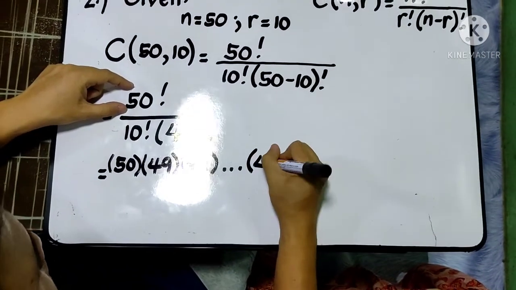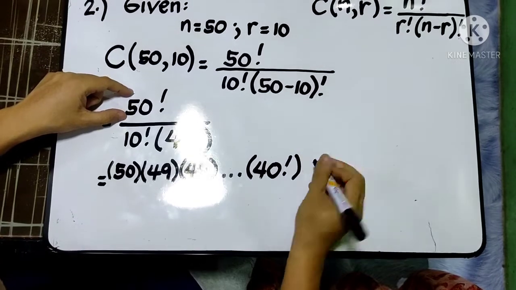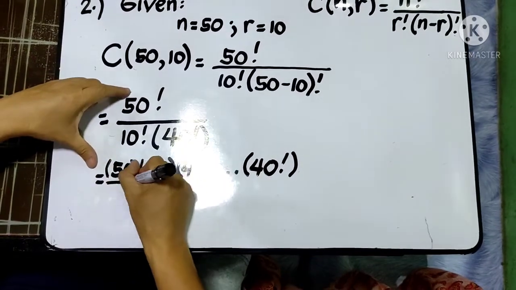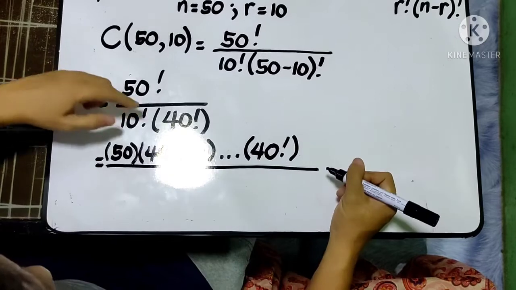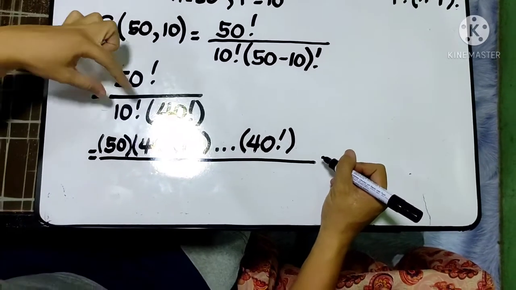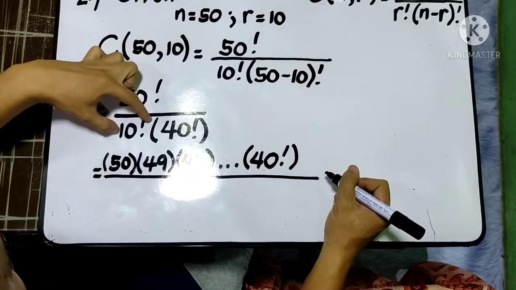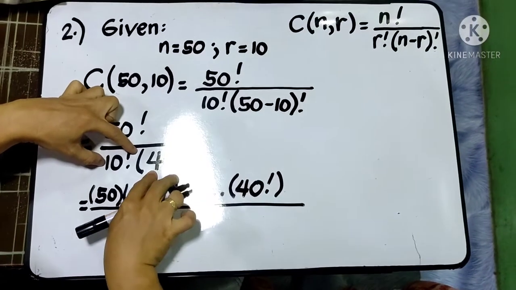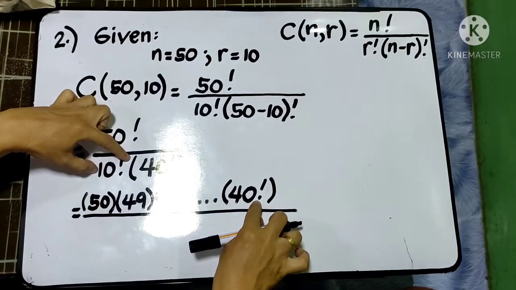Then, ilalagay ko dito yung 40 factorial. Bakit? Dahil ang denominator ay merong 40 factorial. So, 10 factorial, ito na lang yung expand mo. Huwag mo nang galawin yung 40 factorial dahil may 40 factorial sa numerator.